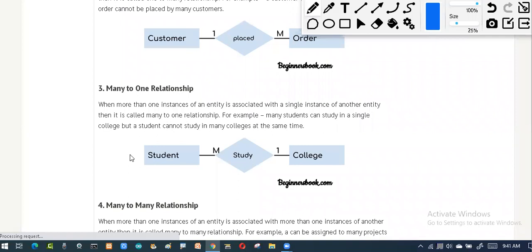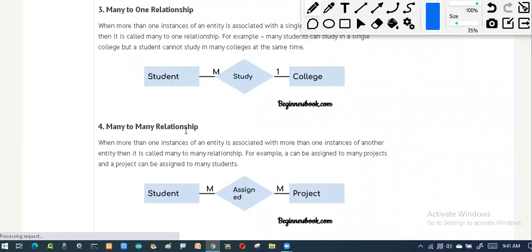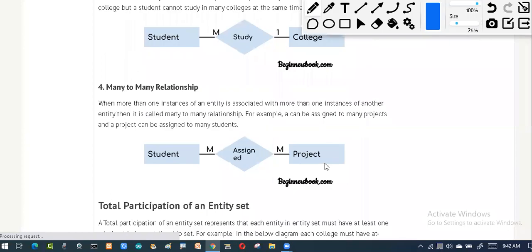Then coming to the final one, the many-to-many relationship. How will it be? Many instances are associated with more than one instance of the other entity. Here I have students and projects, the two entities. Many students are assigned to many projects.